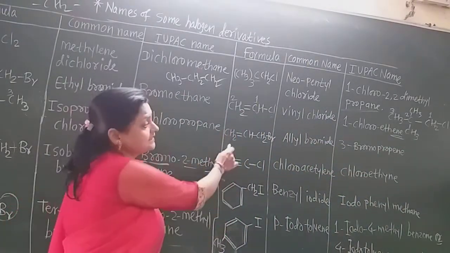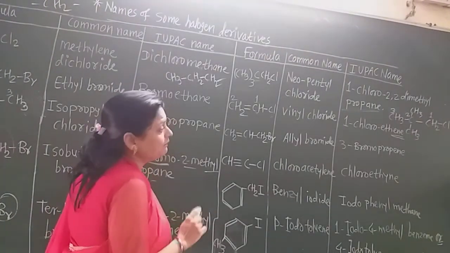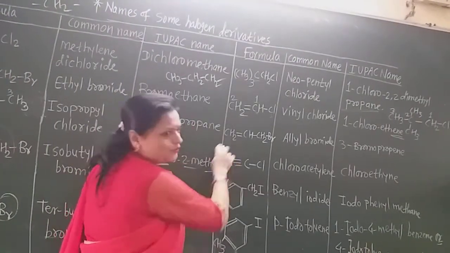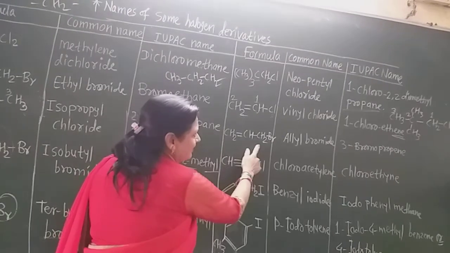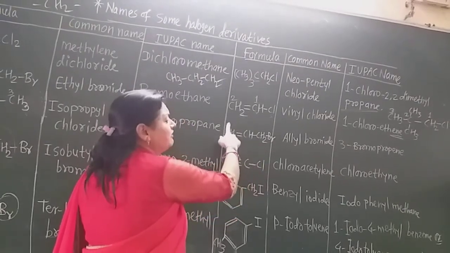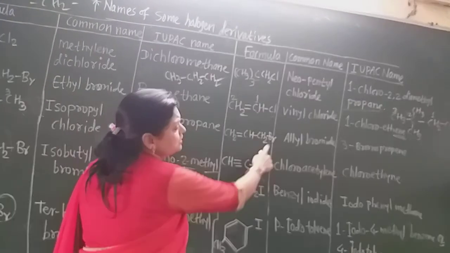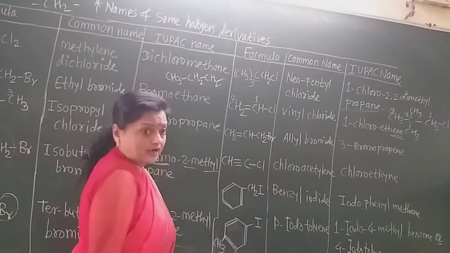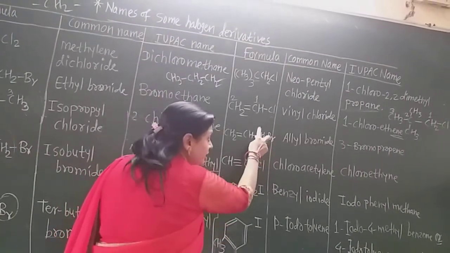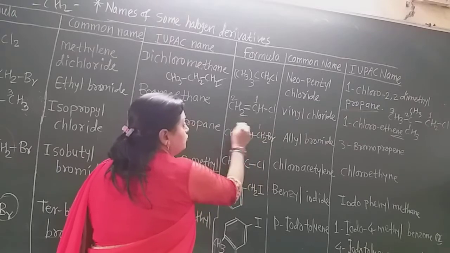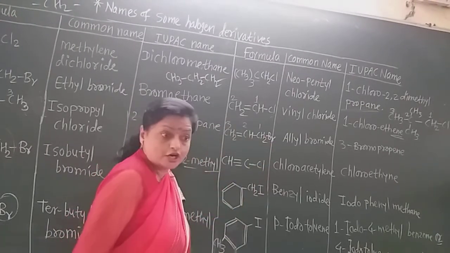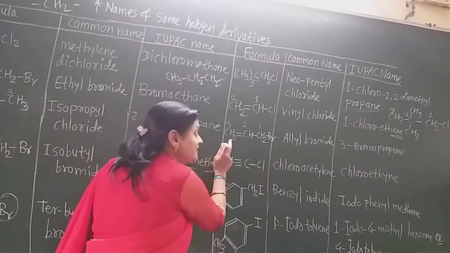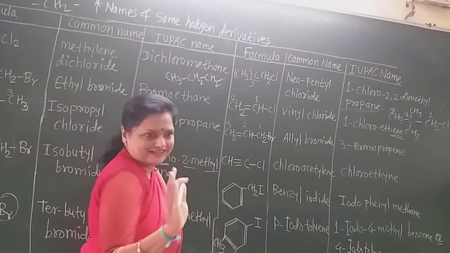Now see, this is the allyl bromide. Here definitely the double bond is from here. But if we use the numbering 1, 2, 3 in this way, the bromine comes on the third carbon. Here, if we give such numbering, it is not correct: 1, 2, 3, though the bromine is nearer to this. Why? Because we always give weightage to the double bond.